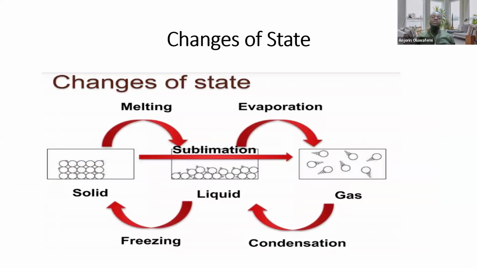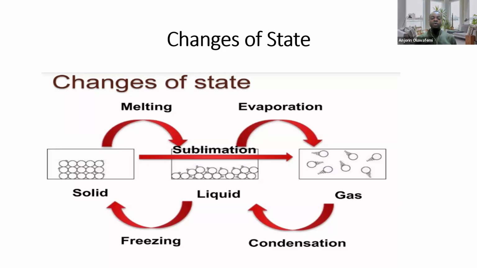When a solid moves down to become a liquid, we call that change of state melting. When a liquid becomes a solid, that change of state is what we call freezing. And when a solid becomes a gas, that's sublimation.